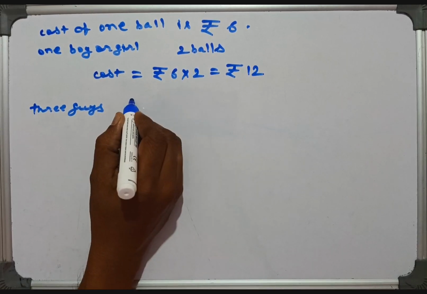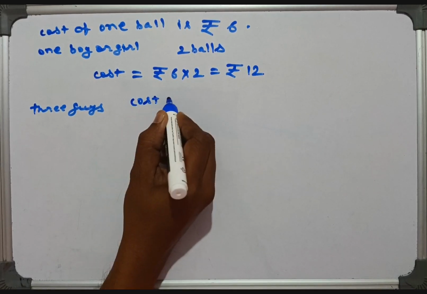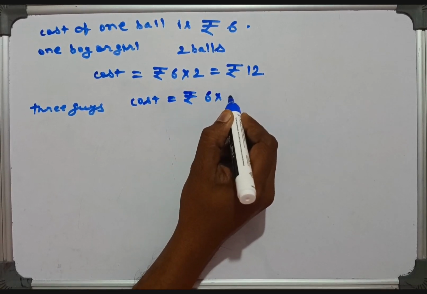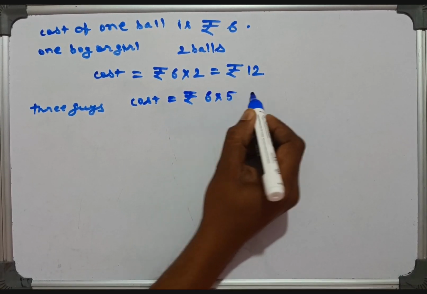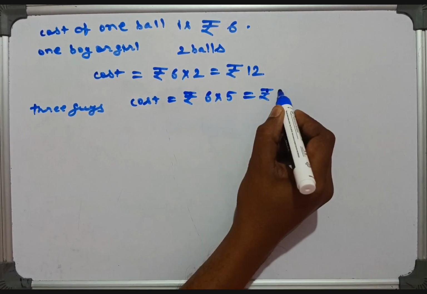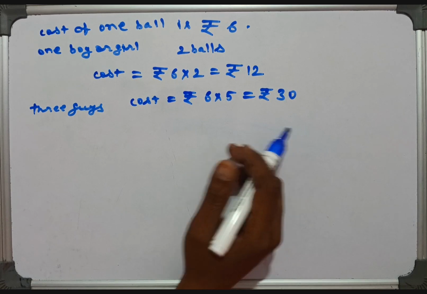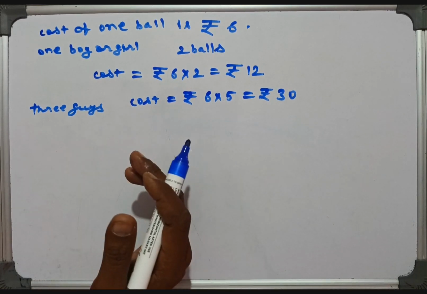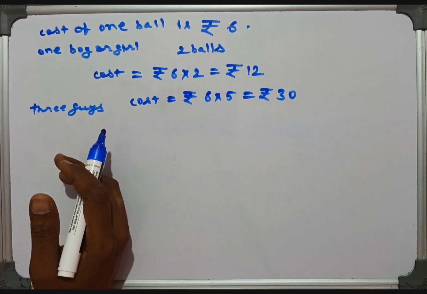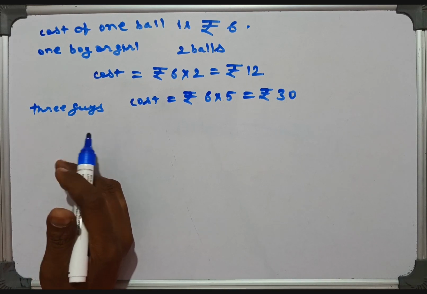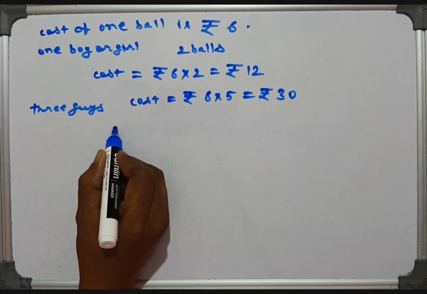So what will be the cost at that time? 6 into 5, so this becomes 30 rupees. So guys, what you see is that according to the number of balls, the guy has to give more money. So you can generalize it.